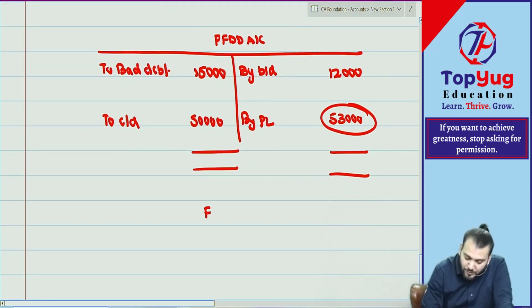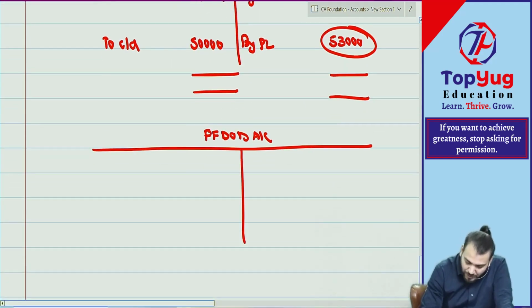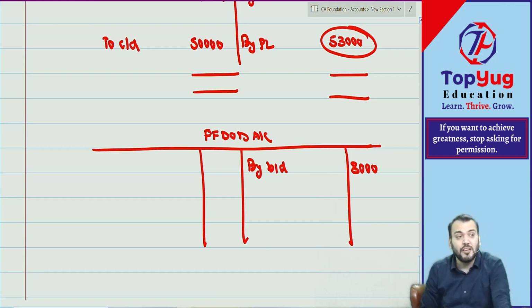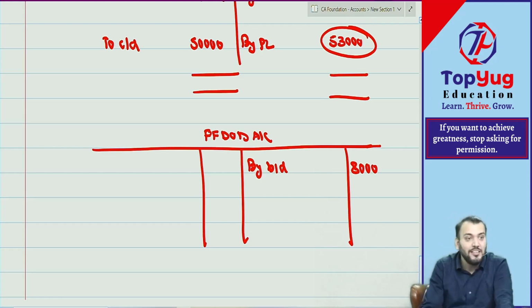Then provision for discount on debtor. Similar account. But how much opening balance? 8,000. Now discount allowed will be closed by transfer to which account? Provision for discount on debtor account. Means if there is no provision for discount on debtor account, then discount allowed will be directly transferred to what? PL account.